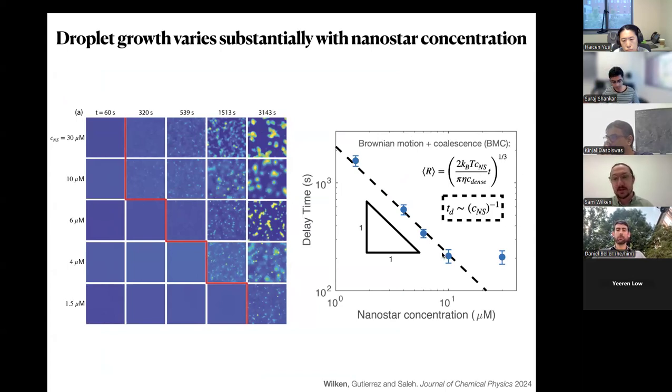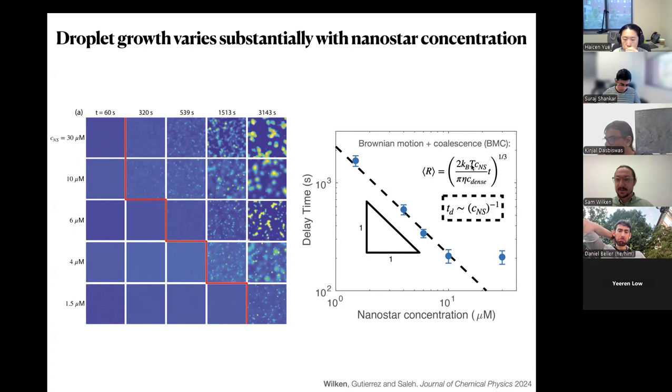And so that agrees very nicely. The other quantitative thing to say here is that the surface tension of these droplets is very small. So processes like Ostwald ripening, which have the same exponent, are not relevant here. Essentially, the prefactor for the Brownian motion coalescence is 4 or 5 orders of magnitude larger. Okay, so this is great.